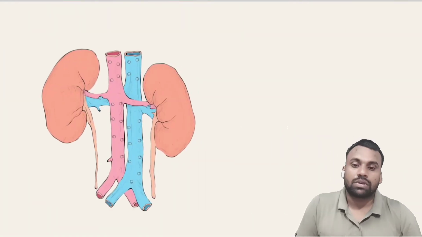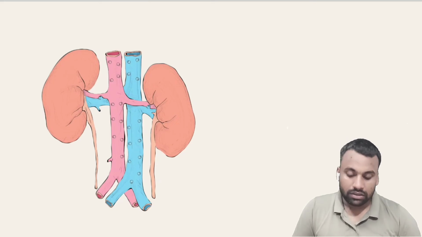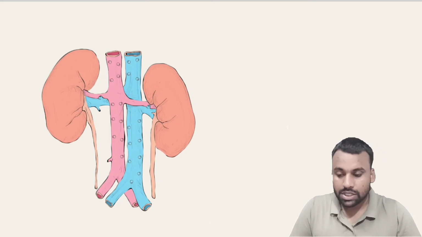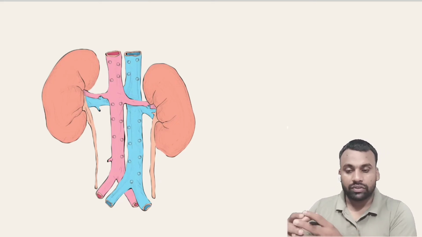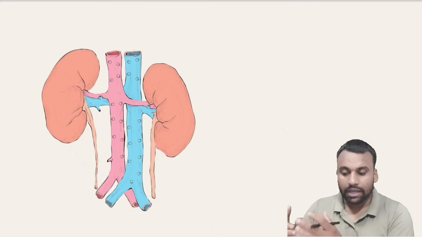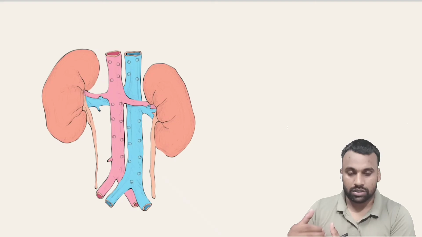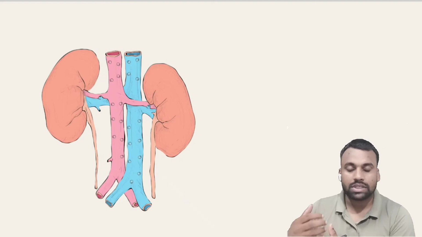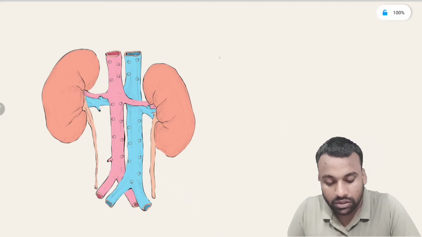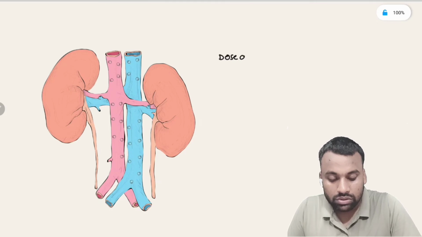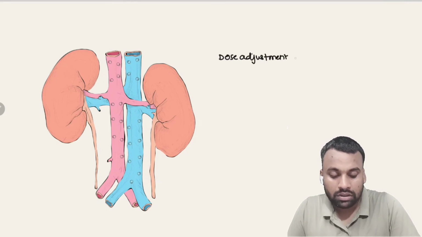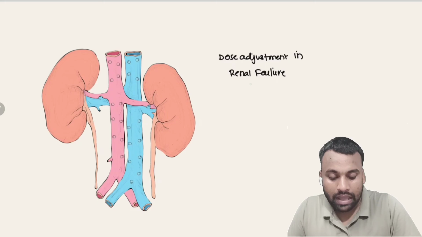All of the DPP-4 inhibitors require dose adjustment in renal failure.